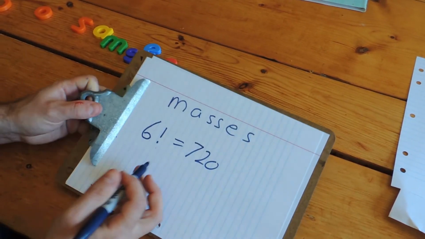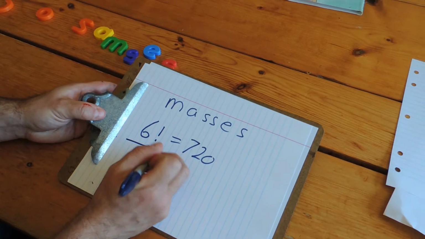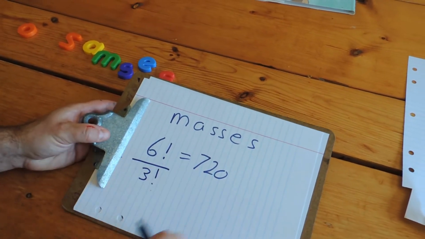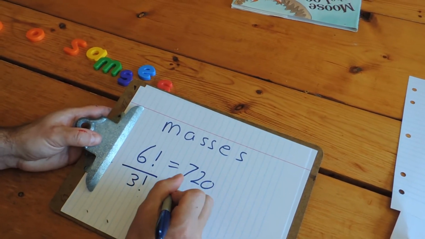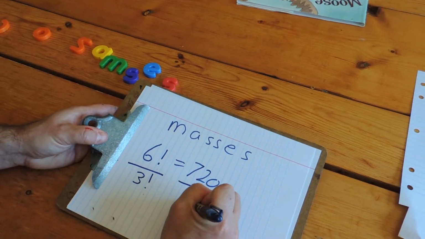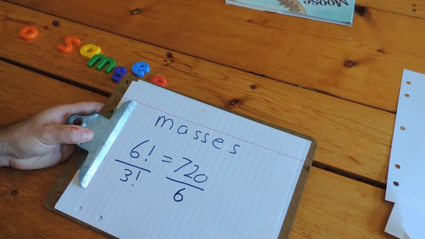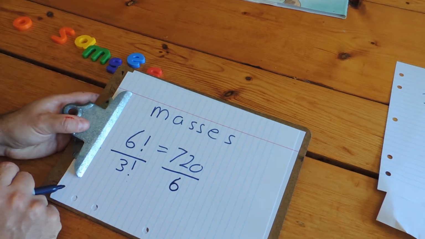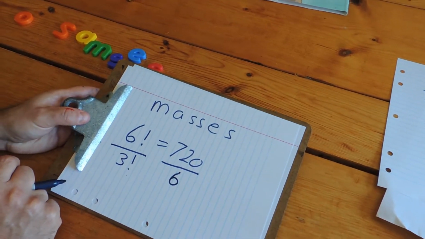So really our answer is 6 factorial divided by 3 factorial, which is the same as 720 divided by 6. Let's take a look at some more examples together.